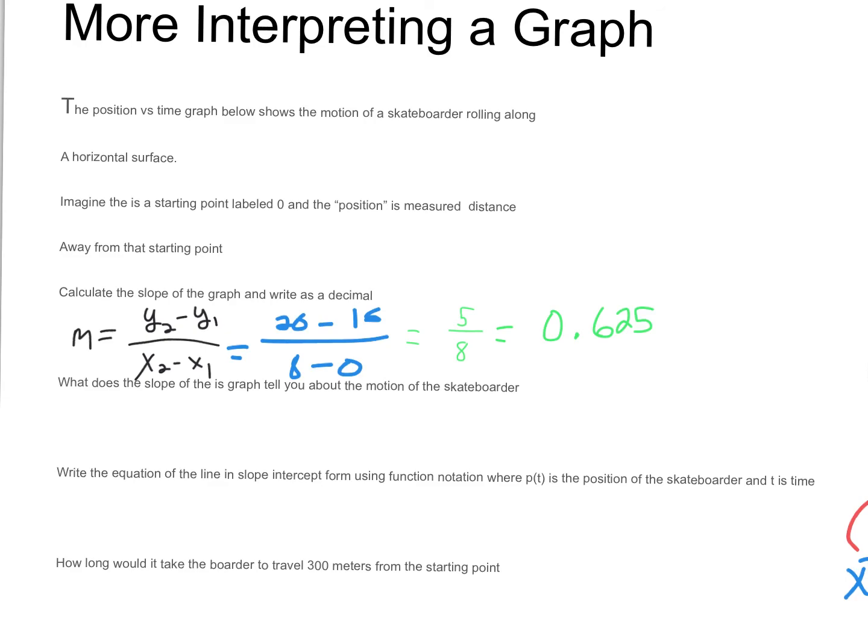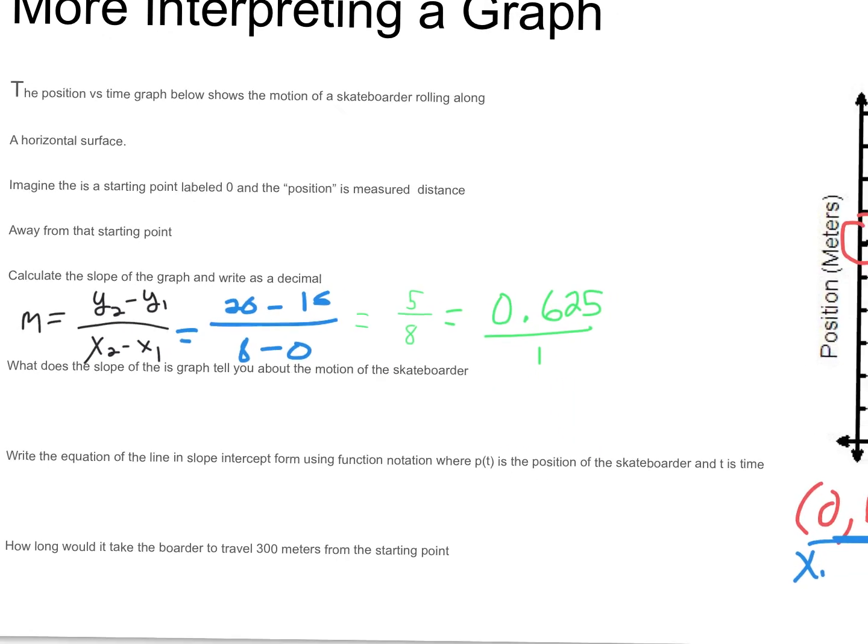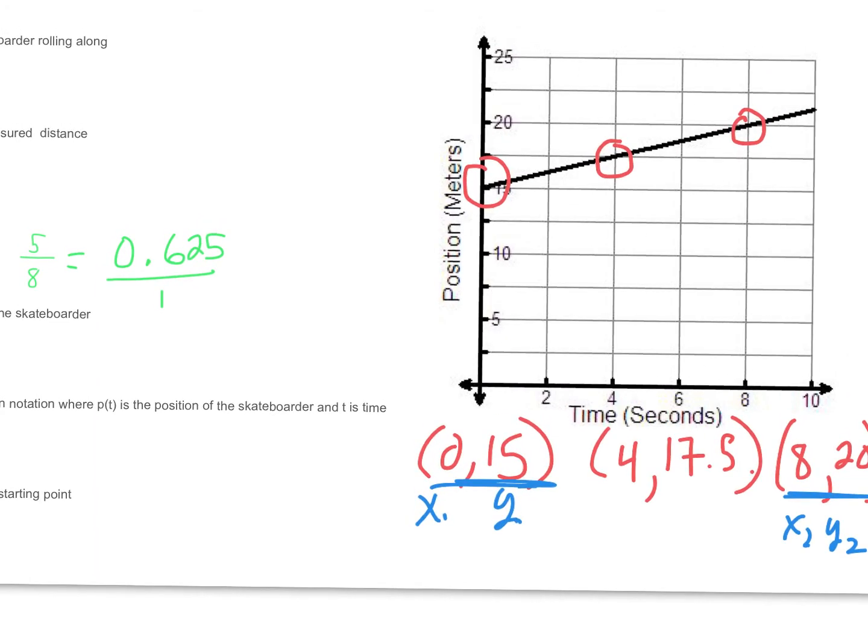What does the slope of the line tell you about the motion of the skateboarder? Well, again, realize this is going to be over 1. So the top number here is the difference in y. The bottom number is your difference of x. Based on my graph, my y values are my position away from the starting point, and the time is my x's, in seconds. So what does this slope say?